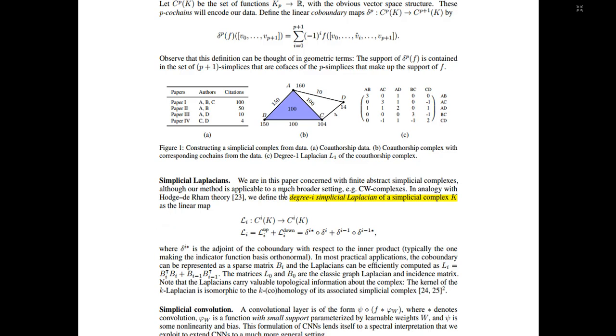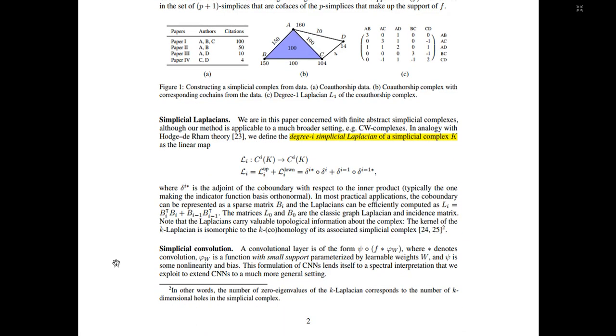And we have a concept of Laplacian on the simplicial complex that can be defined using the boundary and co-boundary maps that we have. So the notion of convolution again is defined, and this is the same idea, but we have a different structure relative to the sheaf neural network.